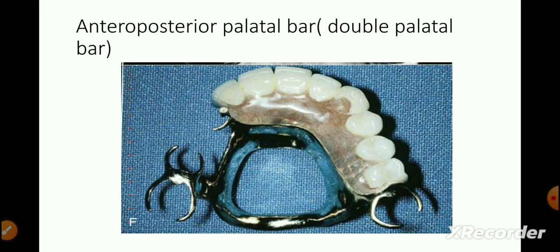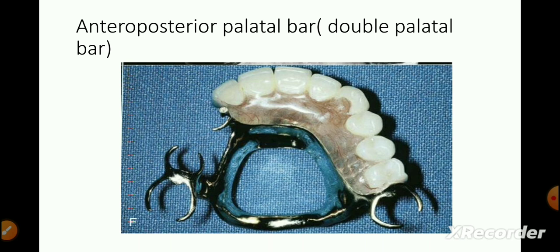It is indicated only where there is presence of a torus palatinus. It is contraindicated in case of a high narrow palatal vault, or a periodontally weakened tooth. In those cases, we don't consider anterior posterior palatal bar.